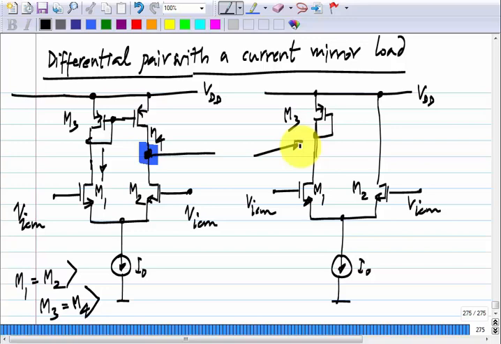What is that voltage? How would you calculate it? Yeah, you have to be a little louder. Is that voltage or is it the VGS of M3?